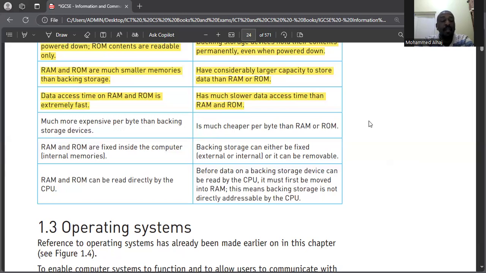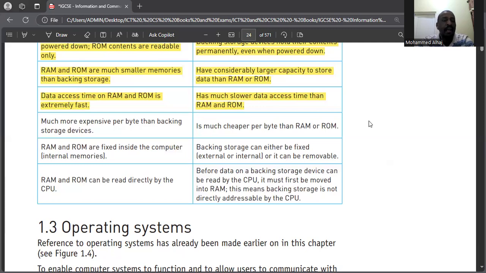Those devices are connected to the RAM. Then the RAM receives the information copied from the hard disk or the SSD, and it is sent to the central processing unit for processing. That's all about this topic.